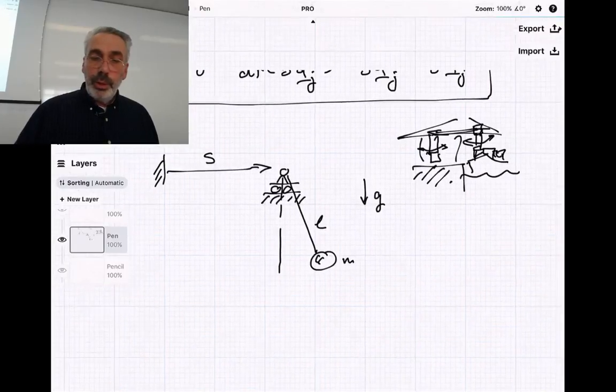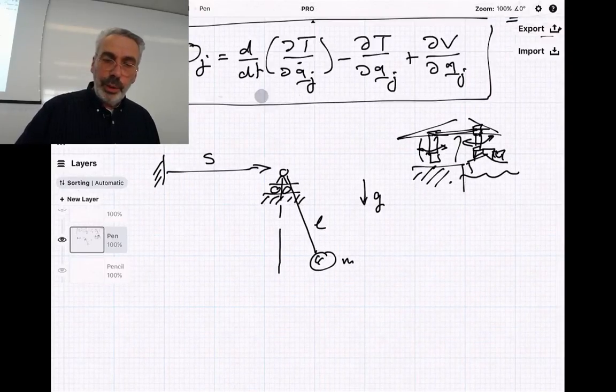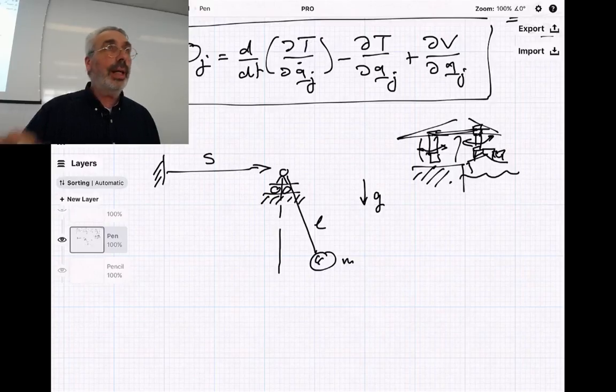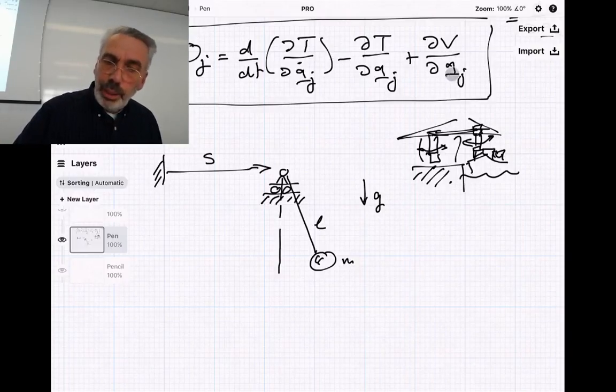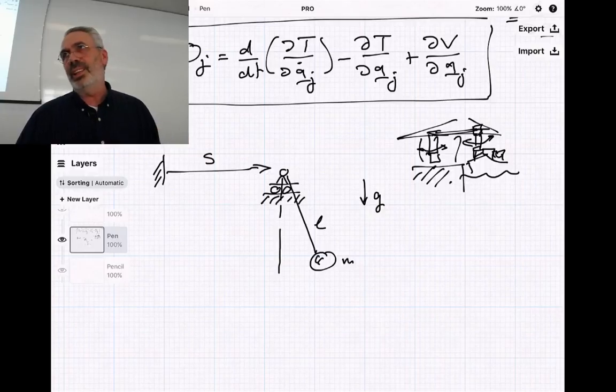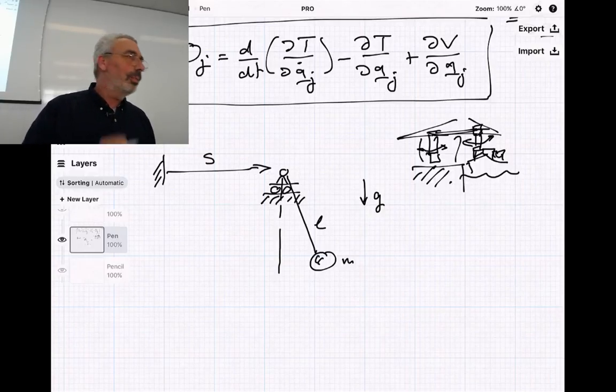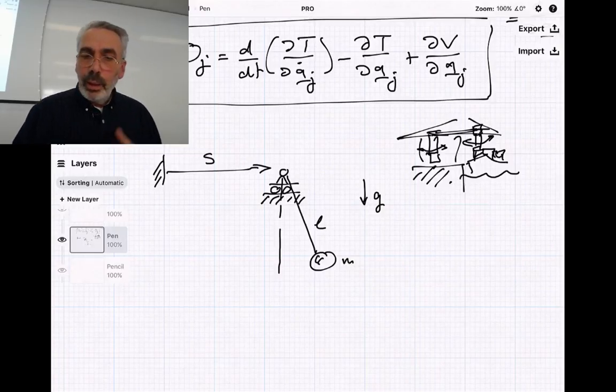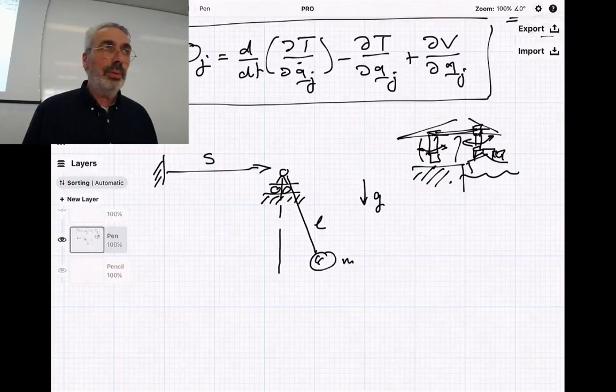Now, to get the equation of motion with the Lagrangian method, what do you need? Well, you need two ingredients. Well, you need algebra. Remember Lagrange? You need algebra. So you need to be able to do this algebra, but that's easy. I mean, you can even ask a computer to do that in a symbolic toolbox. The only physical thing you have to do is define kinetic energy and potential energy for the system.